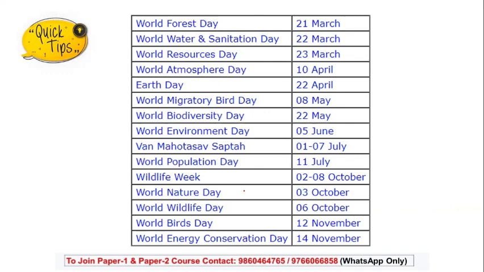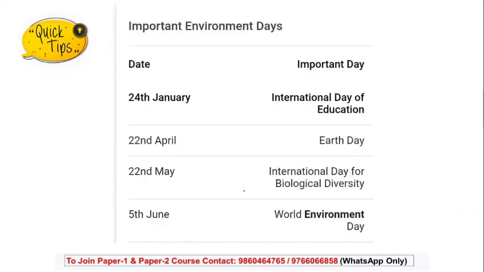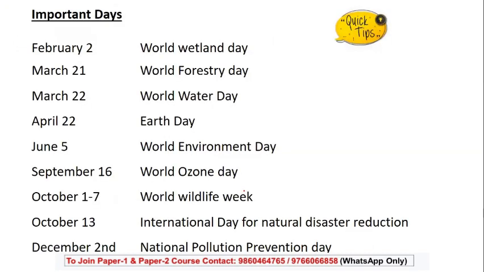That is all with reference to the syllabus. Van Mahotsav week, then Population Day, Wildlife Week, Natural Day, Wildlife Day, Birds Day, Conservation Day. Then we have the International Day of Education, Earth Day, International Day for Biological Diversity, World Environment Day. Then Wetland Day, Forestry Day, World Water Day, Earth Day. Some may be repeated, but this is just to give you a clear idea.